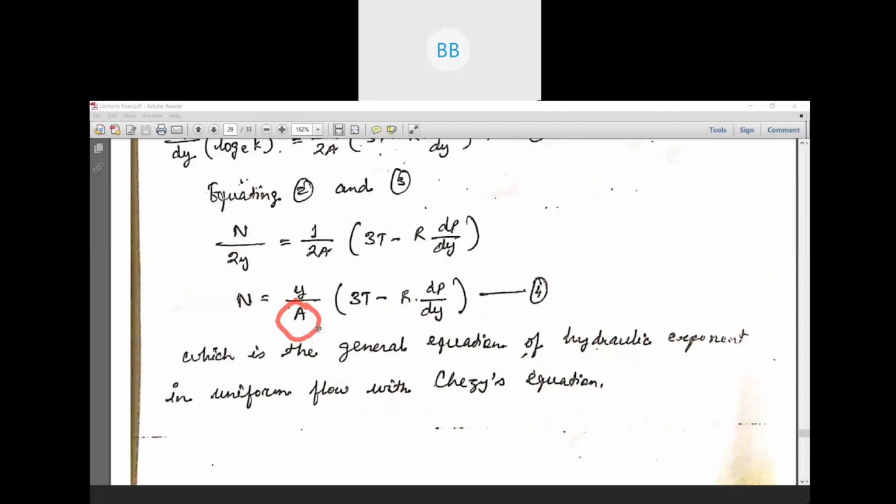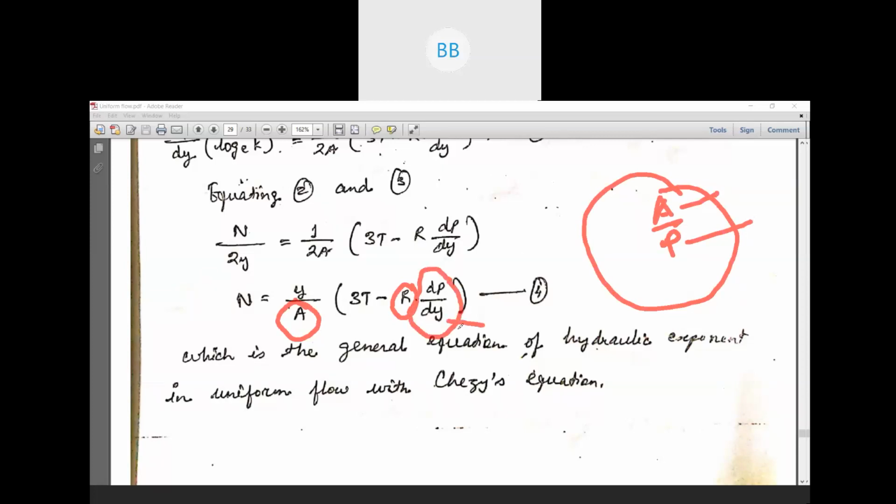Then R is again the area by P, the wetted perimeter. So depending on the channel section, we have to substitute the area equation and wetted perimeter equation, and you have to differentiate the wetted perimeter equation with respect to y. Then you substitute here, and you can directly find out the n value. And this is nothing but your top width.